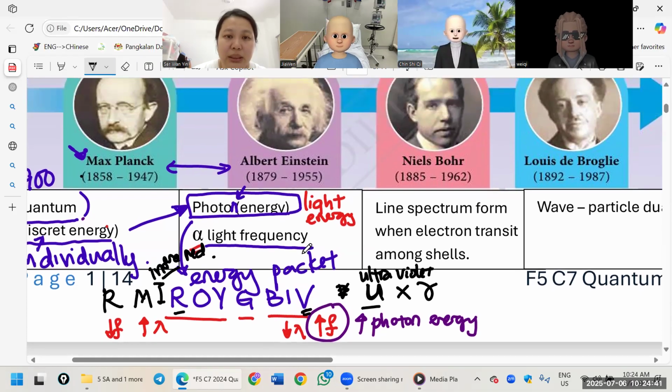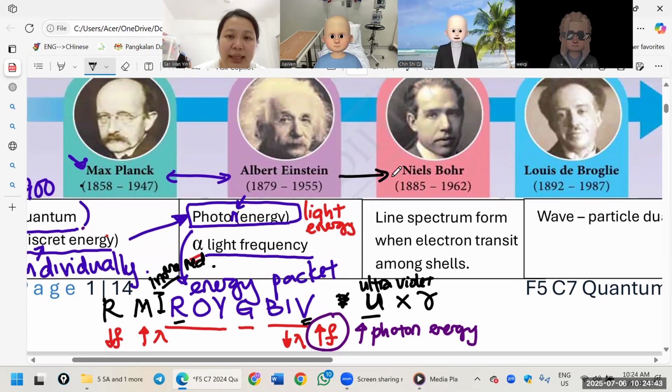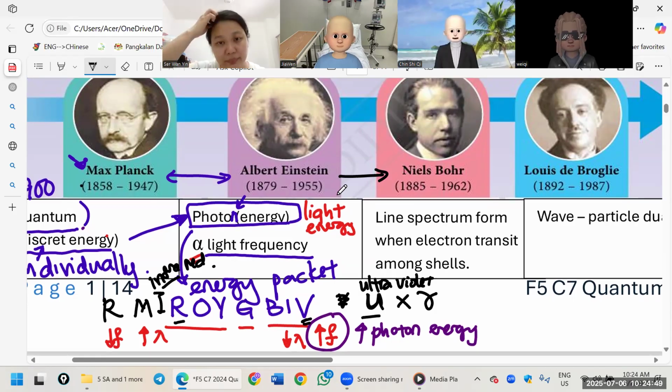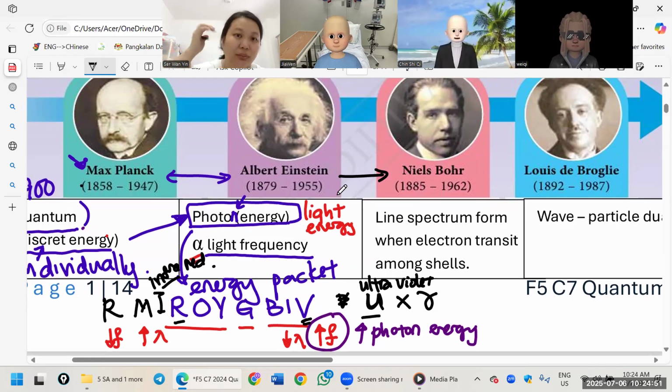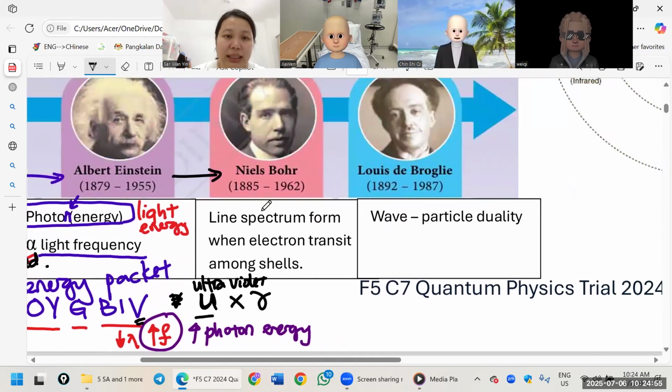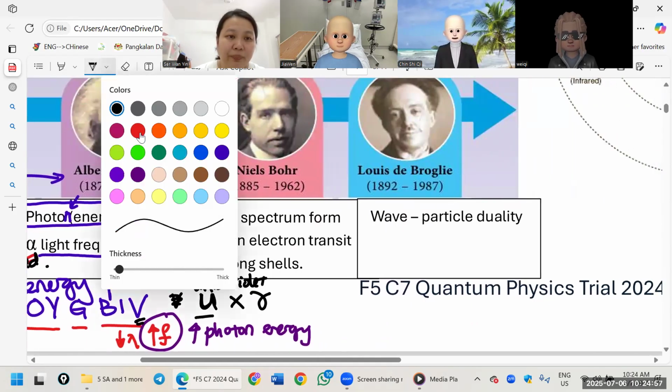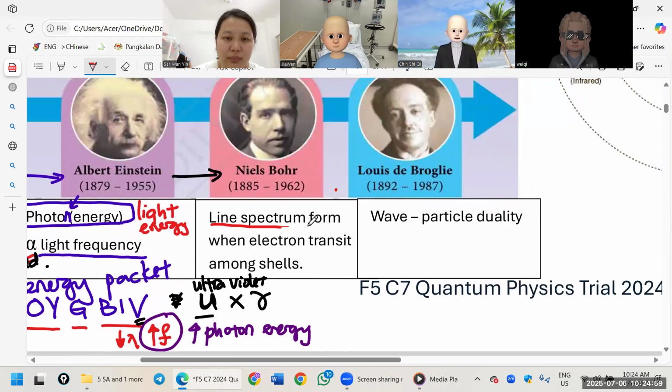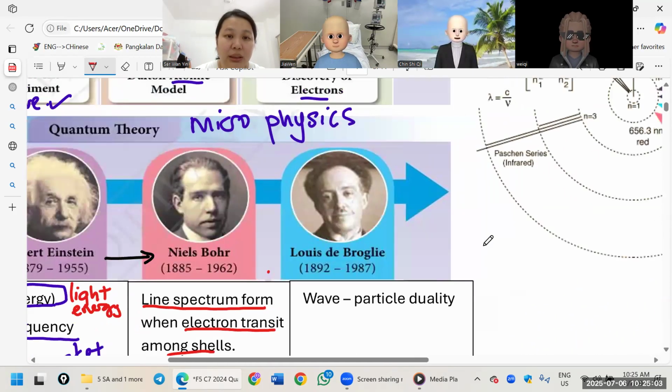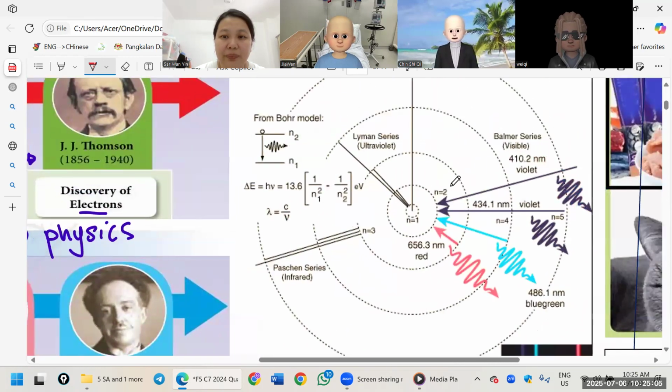Okay, so now we come to Niels Bohr. Niels Bohr lived in almost the same generation. He said the light spectrum forms when electrons transit among shells.